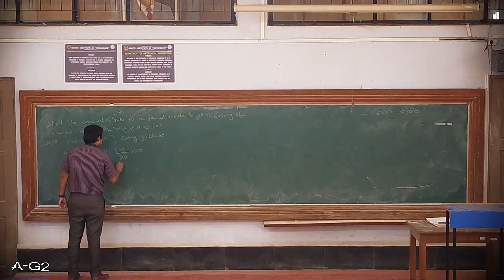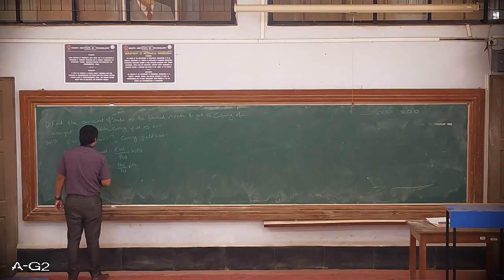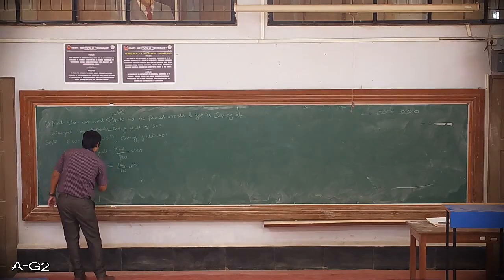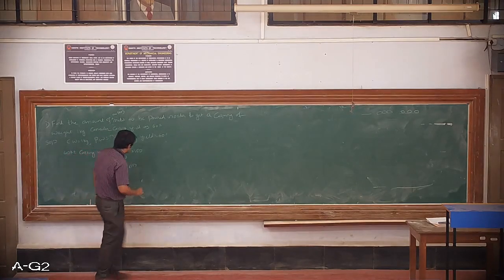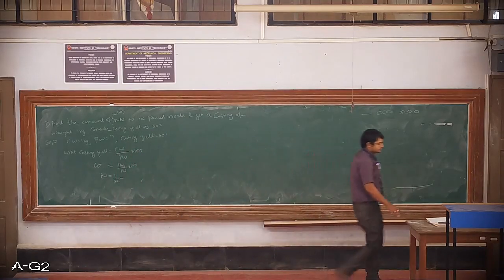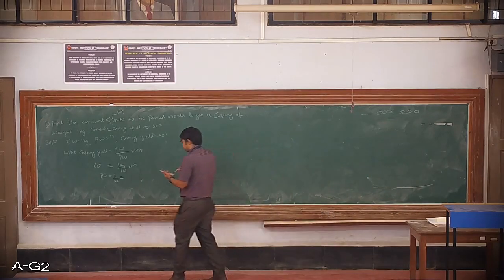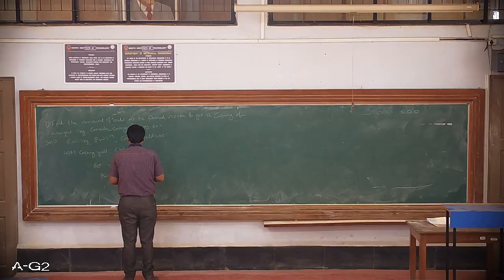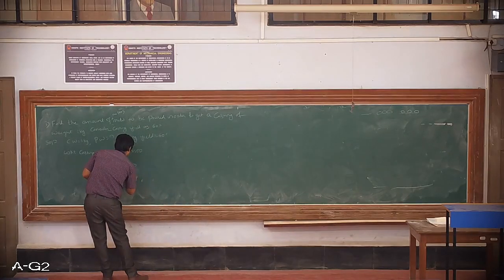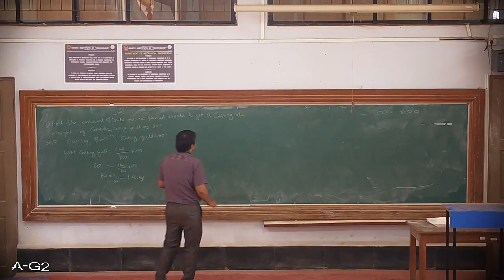This is 1 kg. This we don't know, and this is multiplied by 100. So pouring weight is nothing but 1 divided by 0.6. So this is what we are going to get if we calculate this. It is going to be 1.666 kgs. This is one of the most simple problems.